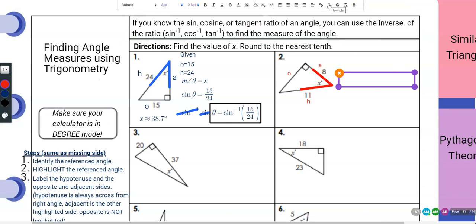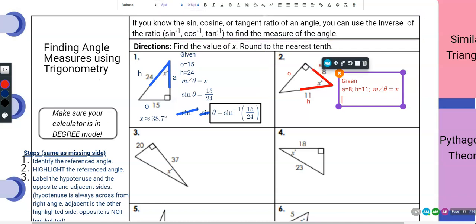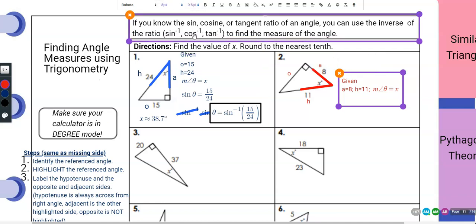All right. So we're going to list our givens. We know that A is 8 and H is 11, and we're looking for the measure of angle theta. So if we look at our mnemonic, SOHCAHTOA, sine, cosine, tangent, we have adjacent, we have hypotenuse. That means we're going to use cosine.